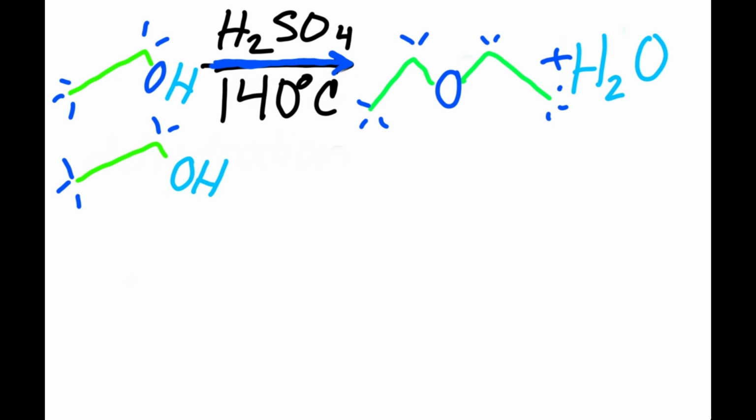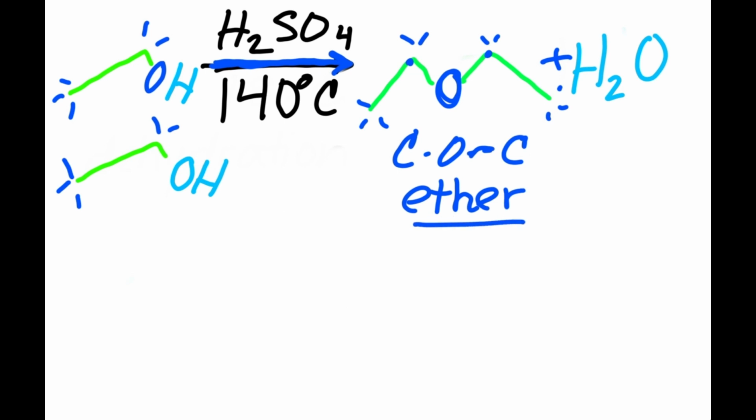You see what's important here is we have this C-O-C chain going on. That is what defines an ether. So when you have dehydration of two alcohol groups with acid at 140 degrees Celsius, you form an ether.